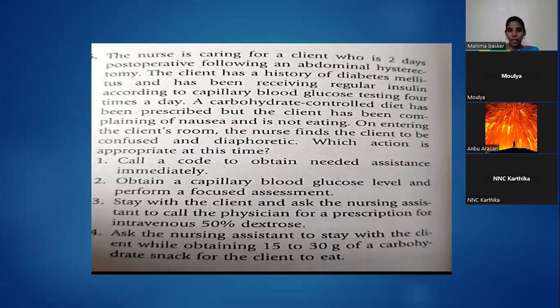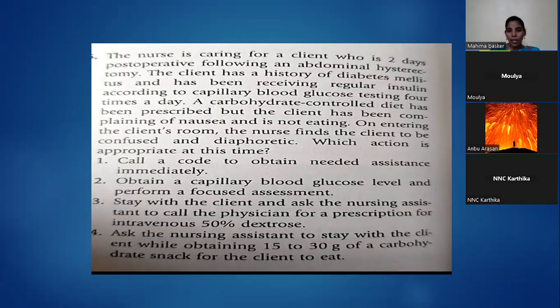Okay, here you have to remember it is a diabetes mellitus patient. So they are taking the blood glucose level and carbohydrate controlled diet also, but the patient is nauseated, so not eating. Now suddenly the nurse enters the room. The patient is confused and diaphoretic. What is the nursing responsibility? What is the action? First one, call a code to obtain needed assistance immediately.